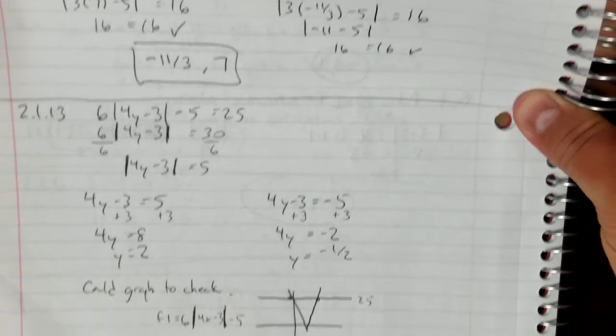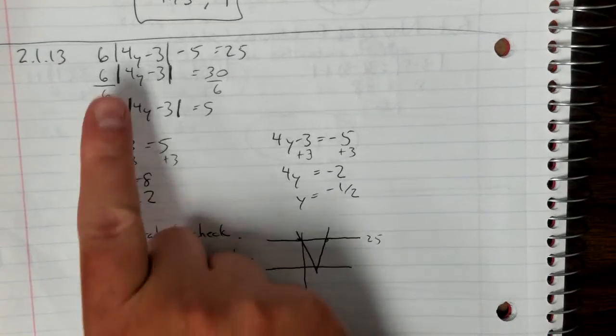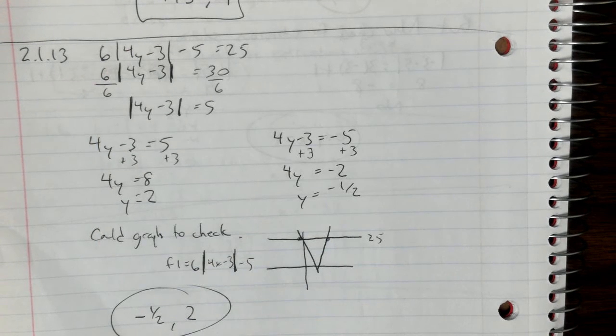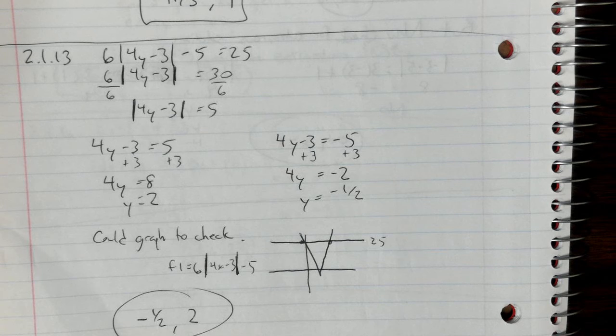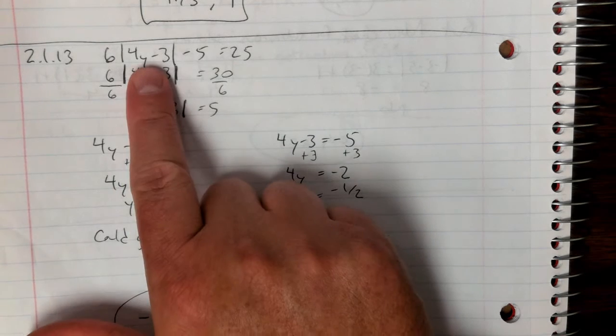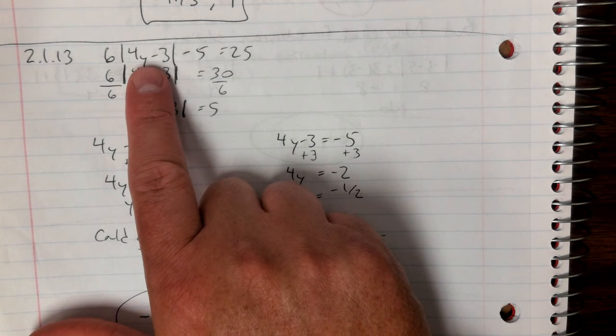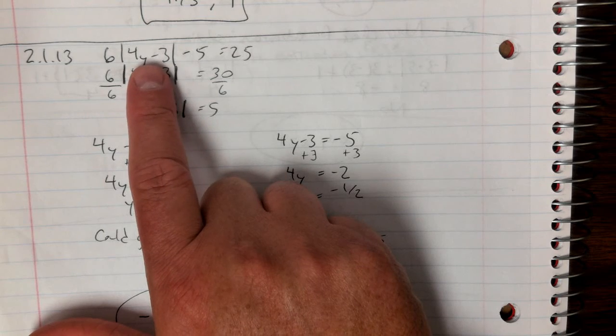And then the last one for this video, we have 6 times the absolute value of 4y minus 3 minus 5 equal 25. One quick note about this. If you were to graph it, you'd need to put x instead of the y.